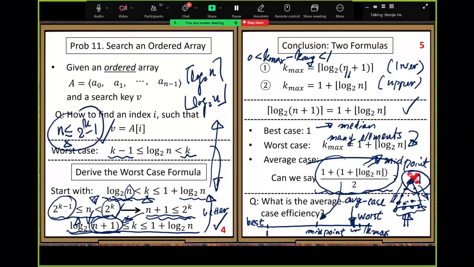This result can be proved, but we need to do a lot of mathematical calculation, so I skip that. It's non-trivial, a lot of math work. Here I just give you the result directly. I may give you some homework questions based on this result.